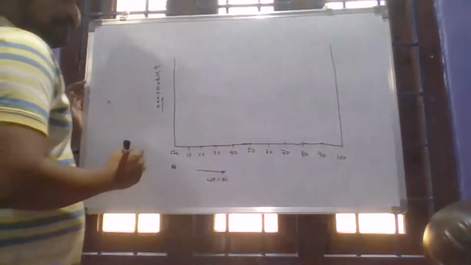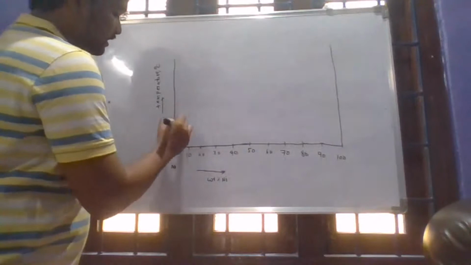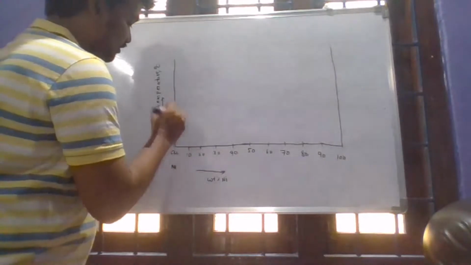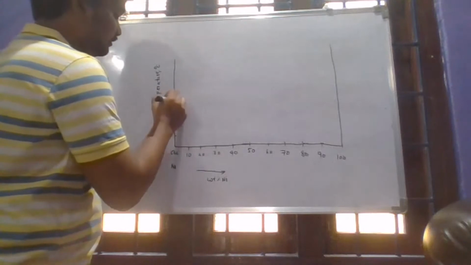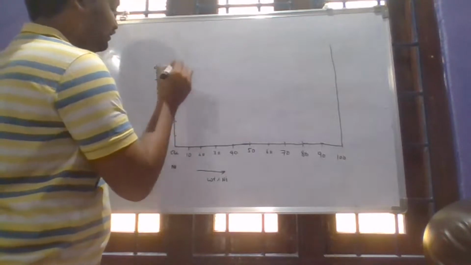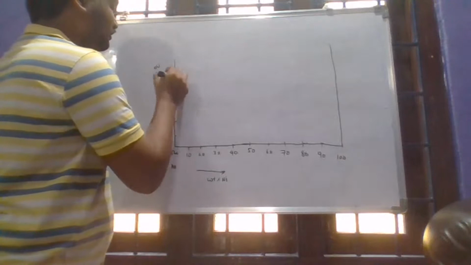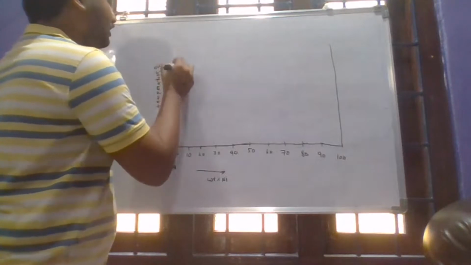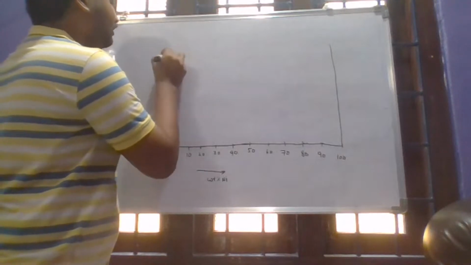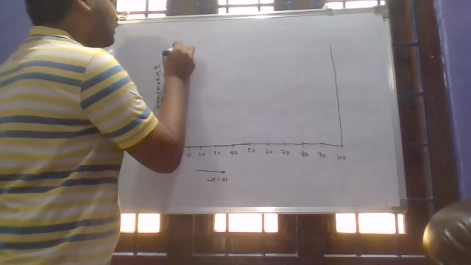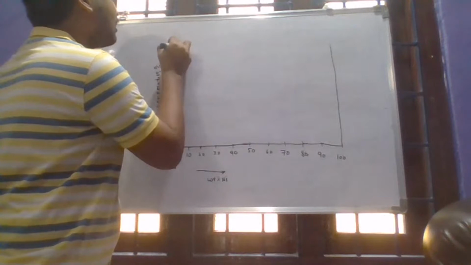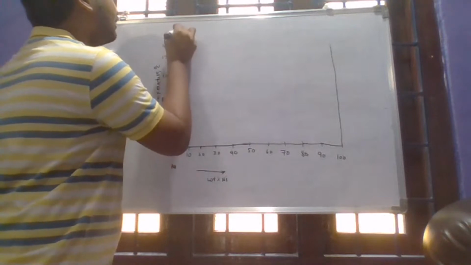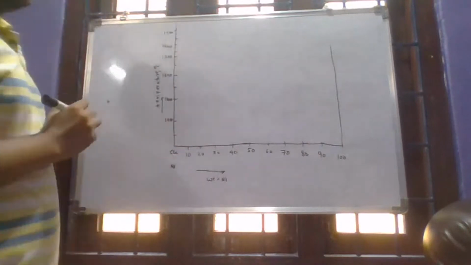Then on the y-axis, let us take 1000, 1050, 1100, 1150, 1200, 1250, 1300, 1350, 1400, 1450, 1500, 1550 or above.